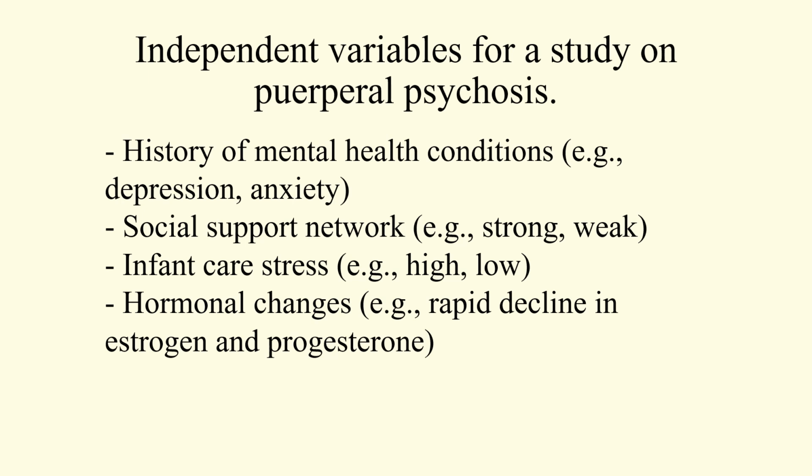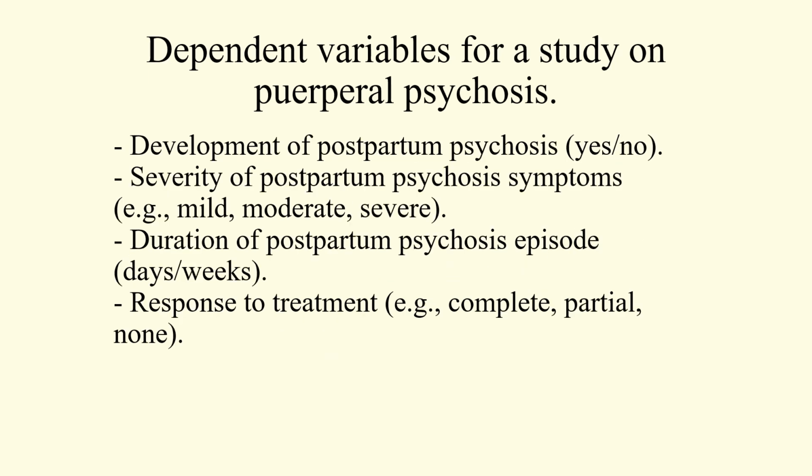Independent variables for a study on puerperal psychosis could include history of mental health conditions, for example depression, anxiety, social support network, infant care stress, hormonal changes, whereas dependent variables could include the development of postpartum psychosis, severity of postpartum psychosis, duration of postpartum psychosis, and response to treatment.